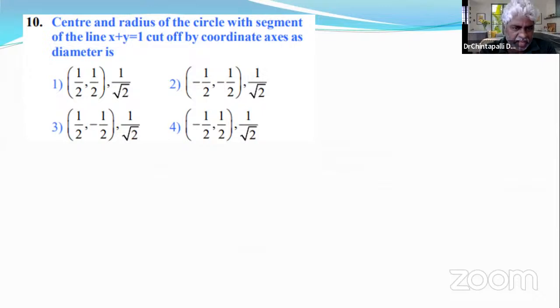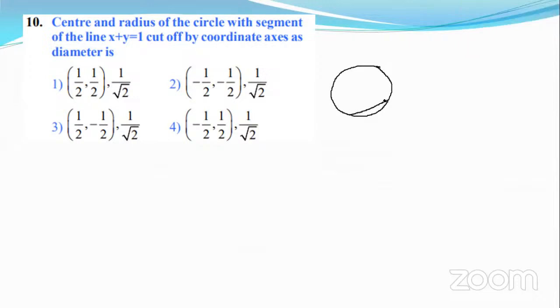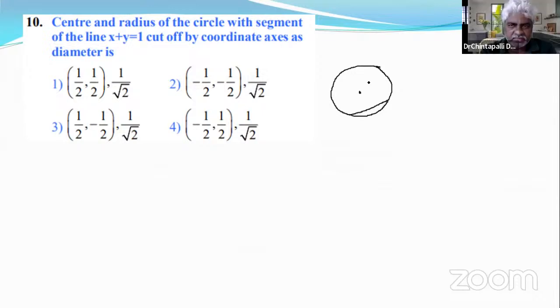in the high school level, we have a special theorem regarding circles. Take any circle. This is a chord. You know what a chord is. This is the center, C. This is any point on the circle.